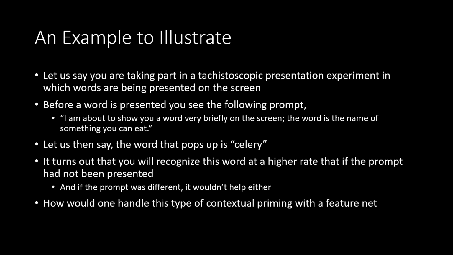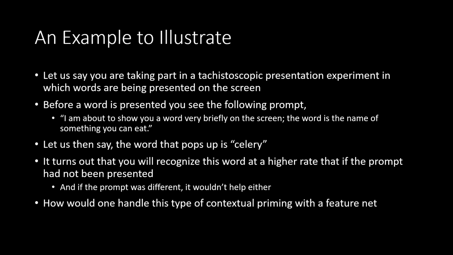The same as if you changed the words around a little bit and said, the word is the name of something that can eat you, which would be pretty weird, but there are those things too. Again, we would get no benefit. It seems like the only time this type of priming works, in this case called contextual priming, is when the prompt tells us that there is going to be the word of something we can eat, in which case all of a sudden we're more likely to recognize the word celery.